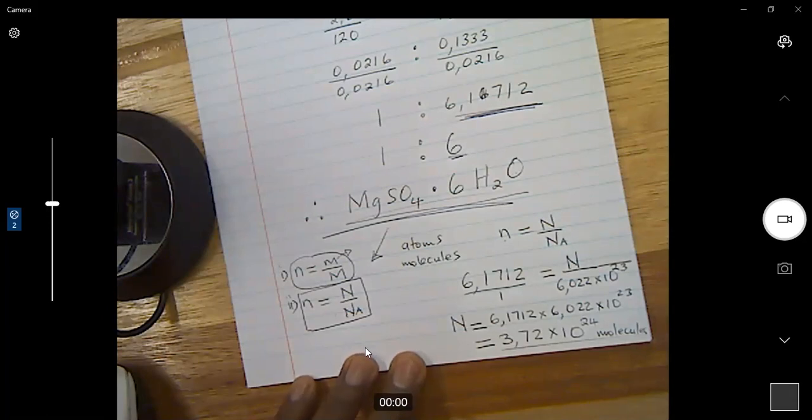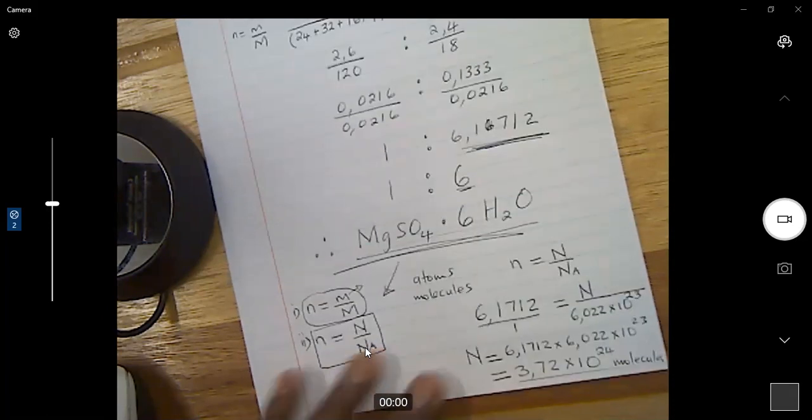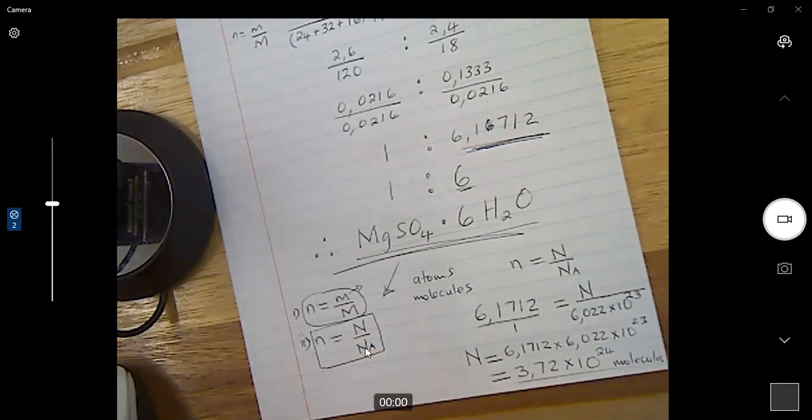Avogadro gives you the number of particles in that particular mole. How many particles do you have? Number of moles is just a quantity. It's like a dozen. How many dozens do we have? Like in terms of eggs, I've got 5 dozen. So now when you go to number of molecules, how many eggs do I have?